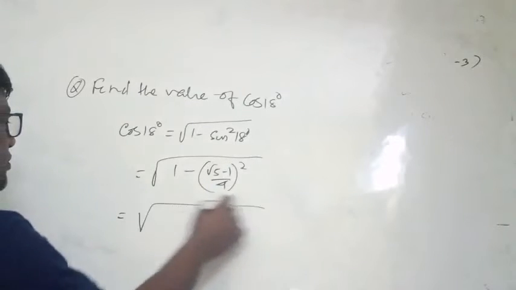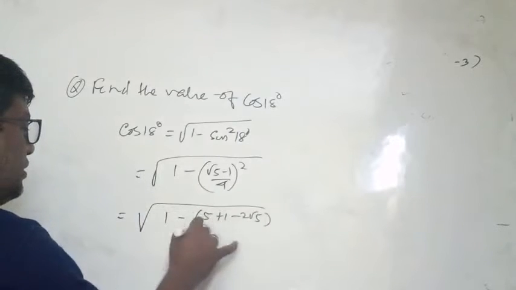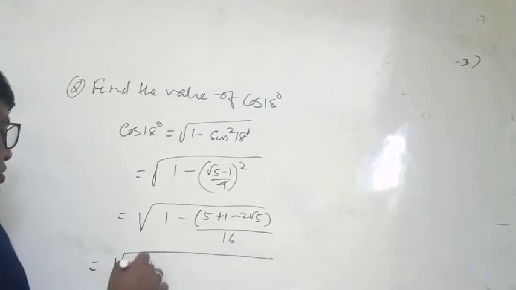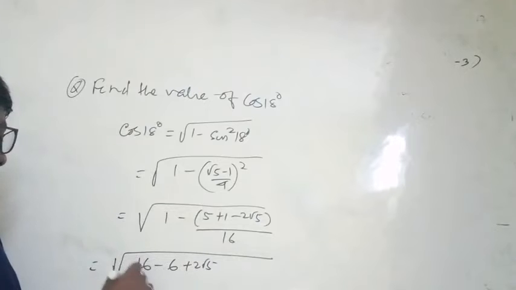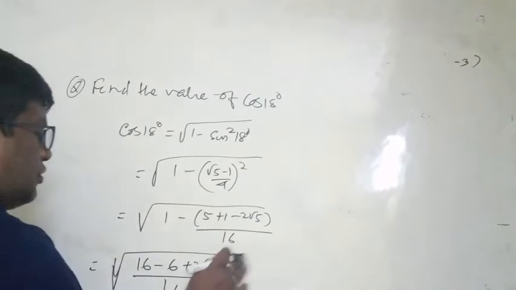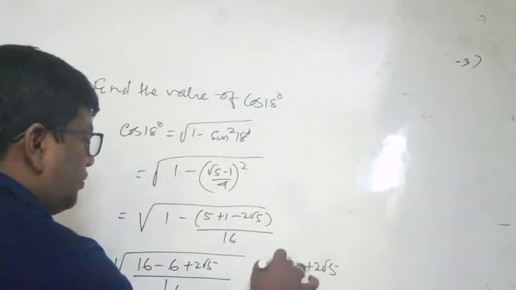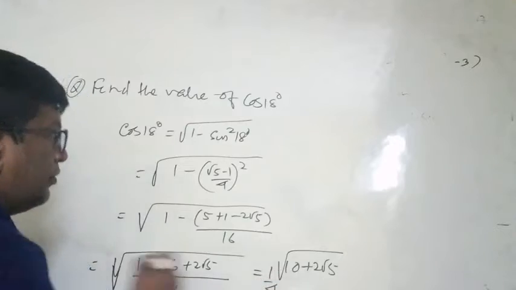This is equal to 1 minus 5 plus 1 minus 2 root 5 by 16. So this is equal to root over 16 minus 6 plus 2 root 5 divided by 16. So this is equal to 10 plus 2 root 5, root over 16 means 4. So 1 by 4.